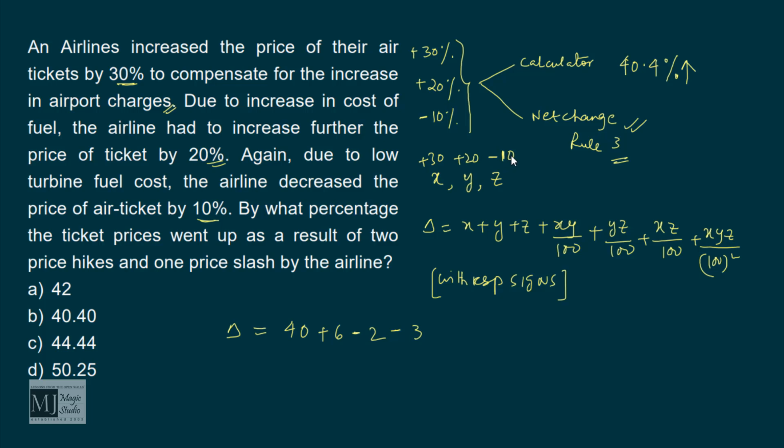Now xyz, 30 into 20 into minus 10, will give us a minus sign. 3 into 2 into 1 is 6 by 10, 0.6. 46 minus 5 is 41. Minus 0.6 is 40.40. Net change is 40.40 percent. Option B fits in.